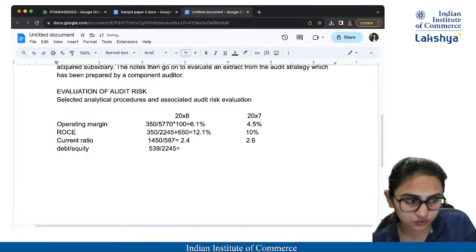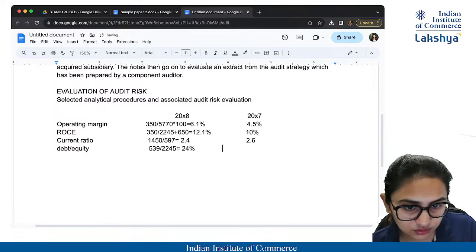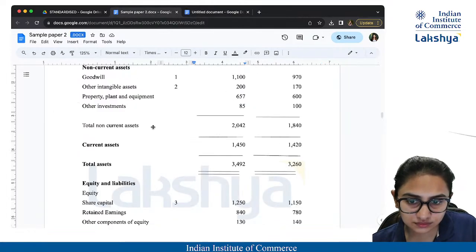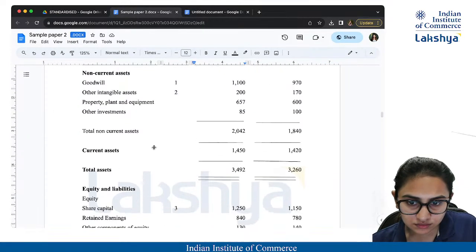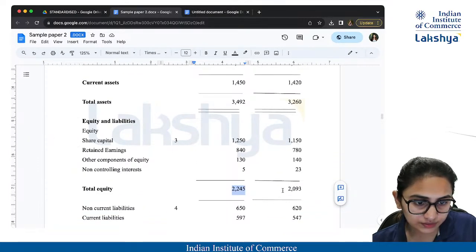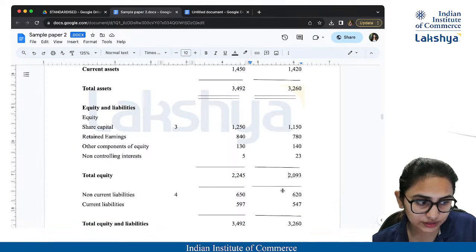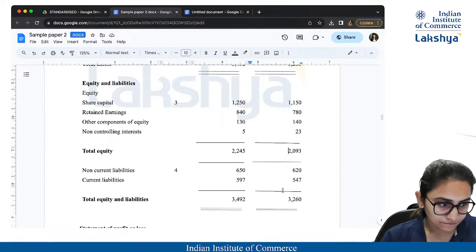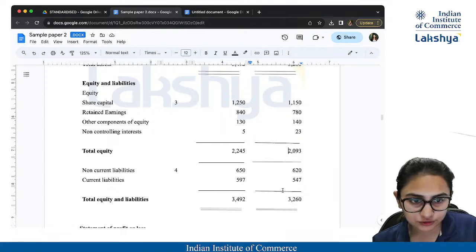That is going to give you 24%. And then similarly for the previous year, total equity is again 2093, and your debt is going to be 500.